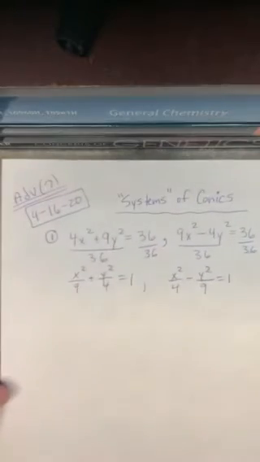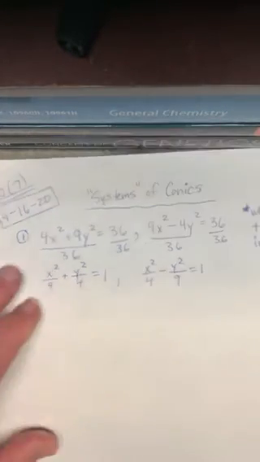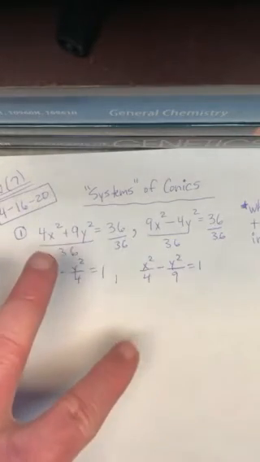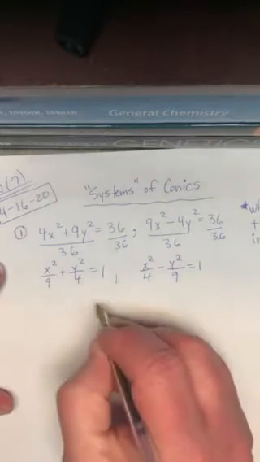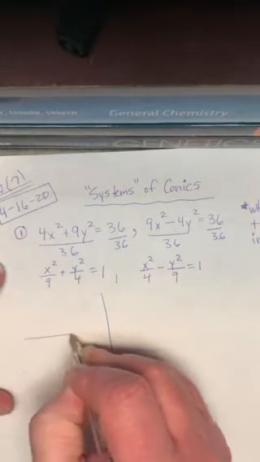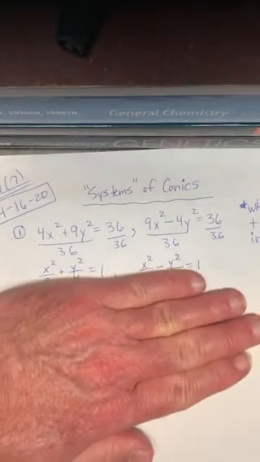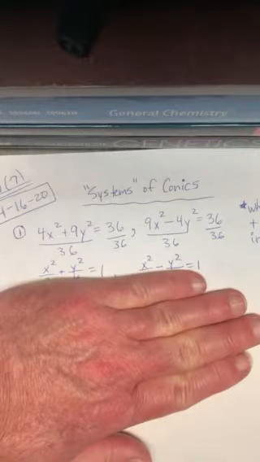Well, let's draw a quick sketch here. If they want to know where do they intersect, doesn't it make sense? We draw a quick picture, draw our oval, draw our hyperbola, and try to see how many times they intersect each other. So if I draw a pretty neat graph here, it's pretty obvious they both have good old x squared and good old y squared, correct? So the centers of each are 0, 0.